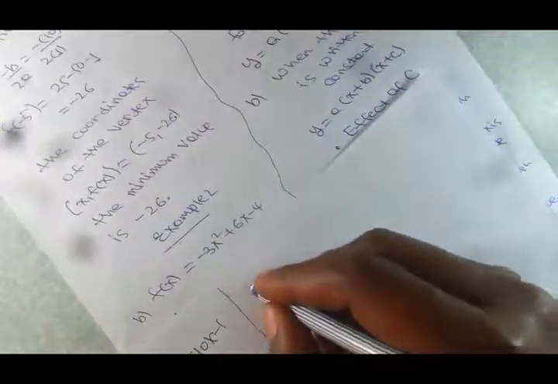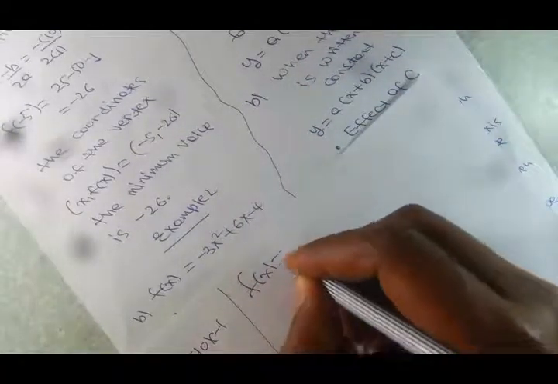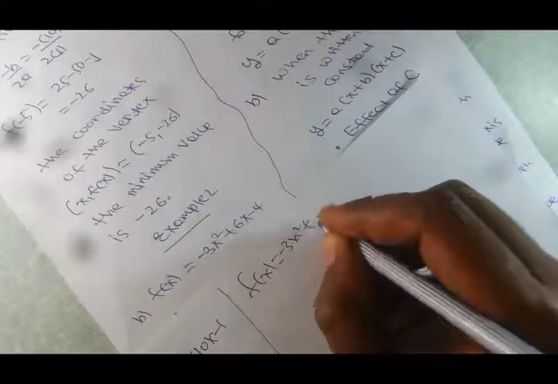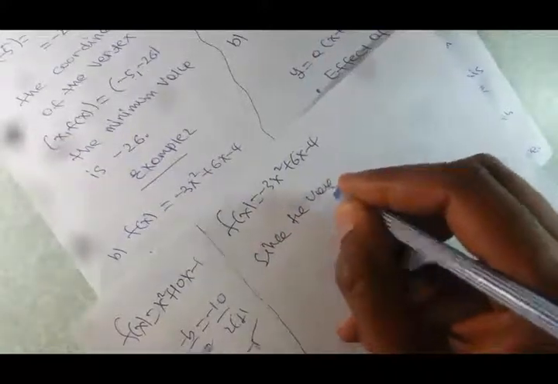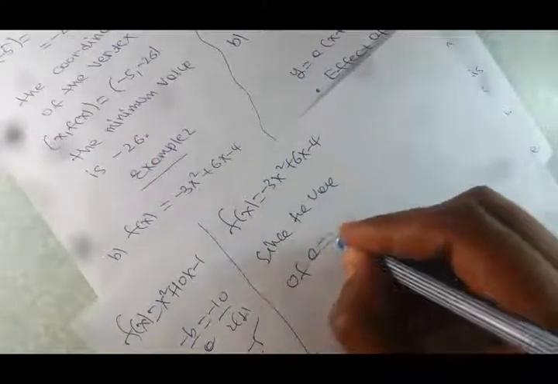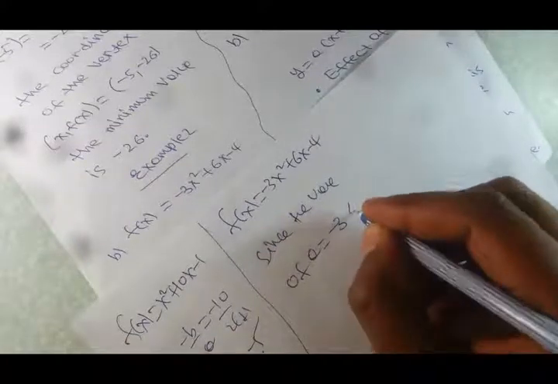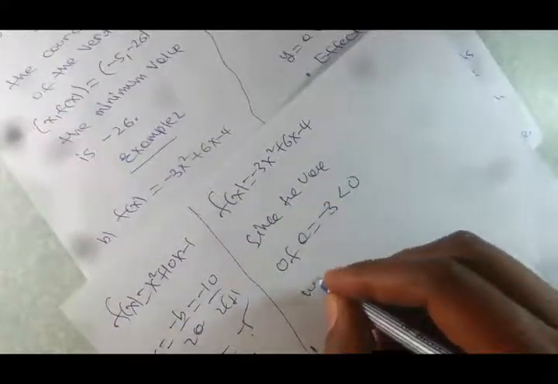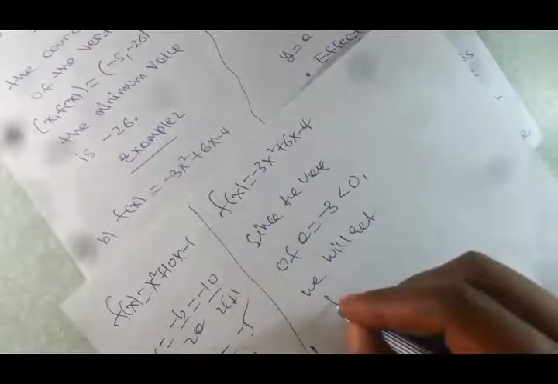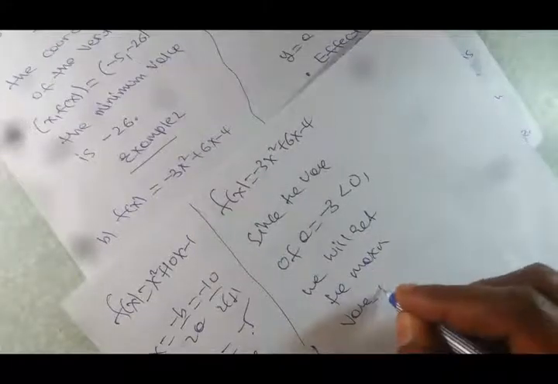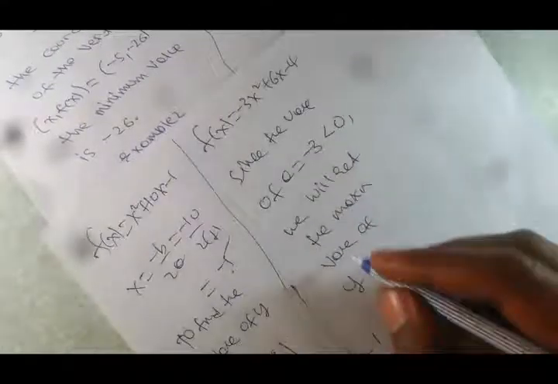And example 2 says that f of x equals minus 3x square plus 6x minus 4. Since the value of a is negative 3, and negative 3 is always less than 0, we will get the maximum value of y at what?